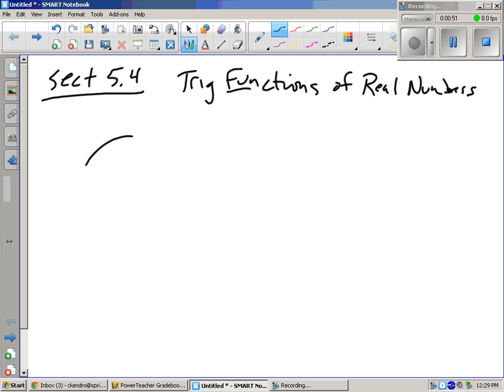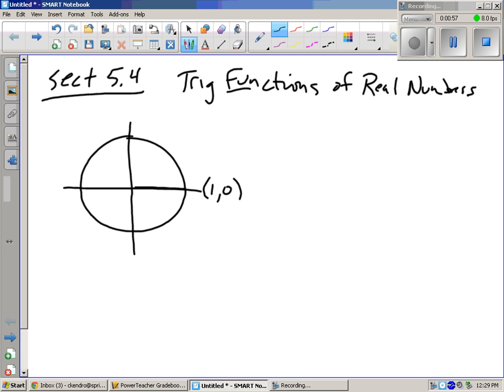Now the circle we've been using, we've talked about the distance from here to here, or that point being labeled as (1, 0). Now if this is a unit circle, that means that the radius equals 1. So what we're going to talk about here is always going to be on the unit circle where the radius is 1. So let's talk about an angle.